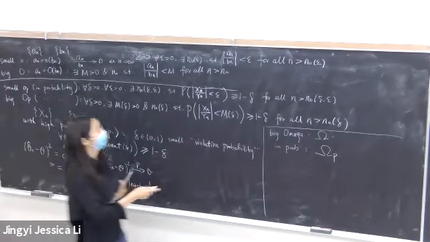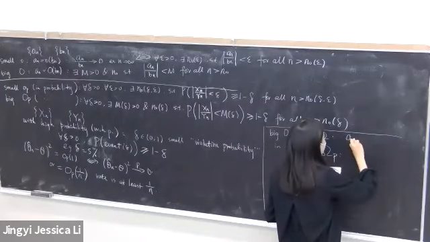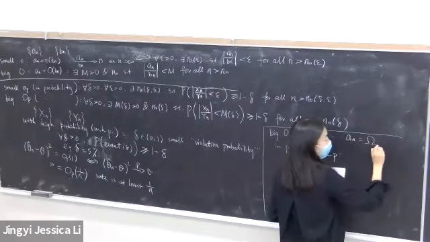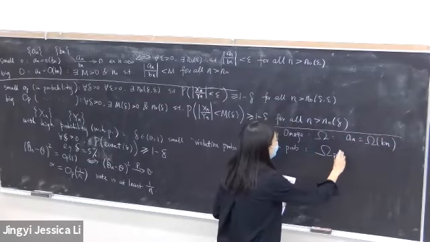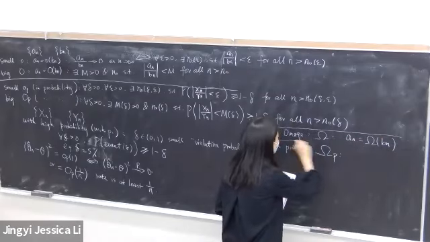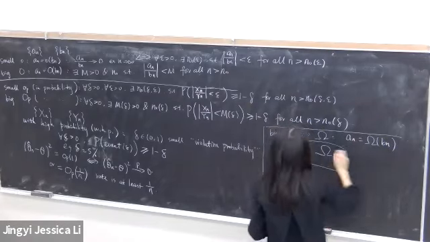So basically, if I write AN as big omega BN, okay? In this case, what I actually mean is something similar to that.